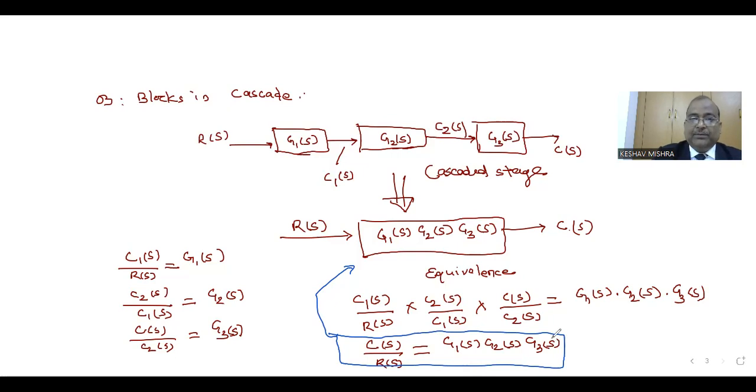This is the concept of cascade. In block diagram reduction, this will be used frequently. If many blocks are connected, we replace them by a single block with the relation of output and input given by C(s)/R(s) equal to this. So these are blocks in cascade.